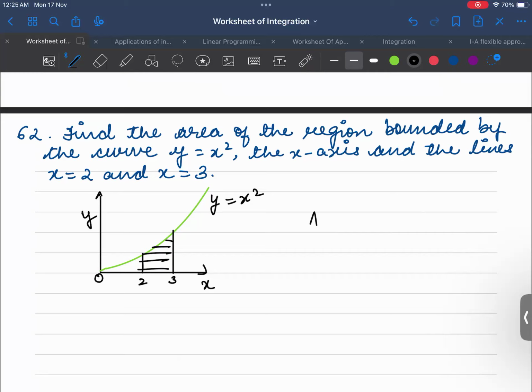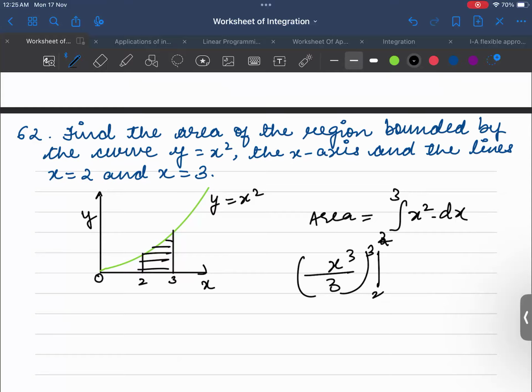Now the area they're asking me to calculate is the integral from 2 to 3 of x square dx. I can solve it easily.